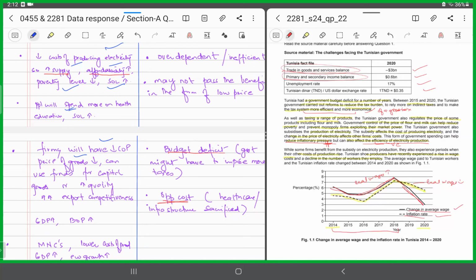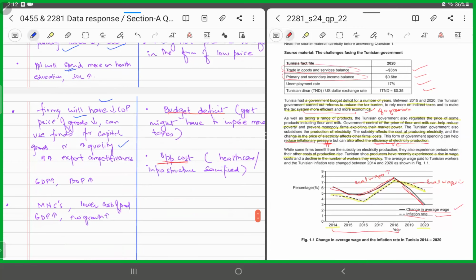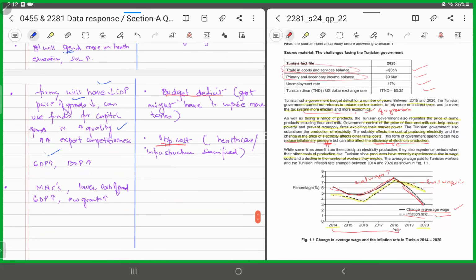Their export competitiveness would also rise, right? So the GDP of the country would also increase and the exports would also increase. There would be a favorable current account balance, or the balance of payments of the country could improve, right?